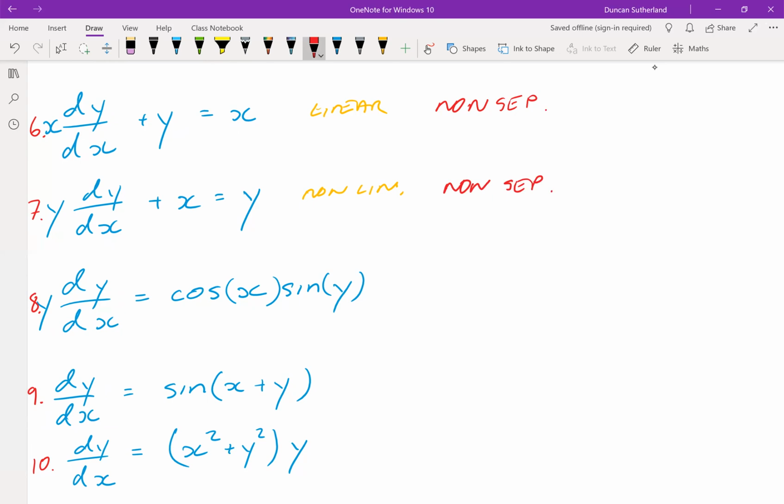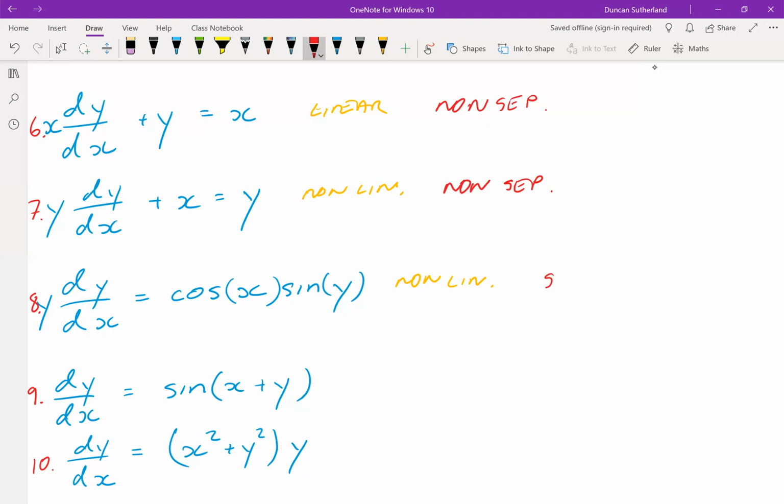This one is clearly nonlinear, right? As soon as you see sine y or y dy dx, not linear. However, we've got a product of x and y. We don't have any additive factors, so this one looks like it could be separable. Indeed, if we divide by sine y, we can see that one of our functions is going to be y over sine y, and the other function is going to be cos x.